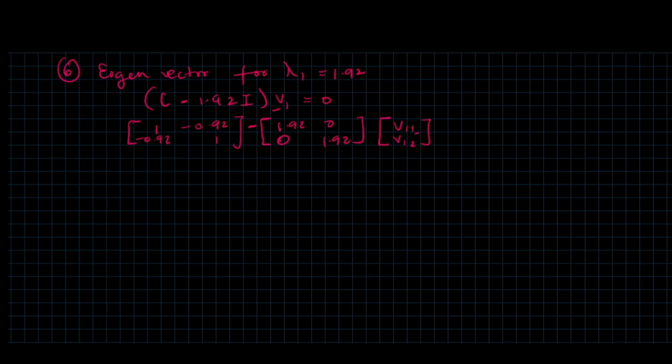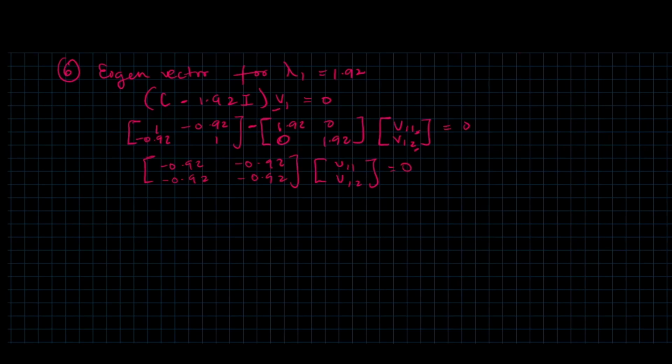So this is the first row of the eigenvector. This is the second row. Equals to 0. If you solve this, you're going to have minus 0.92, 0.92, 0.92, minus 0.92 times V11, V12 equals to 0.